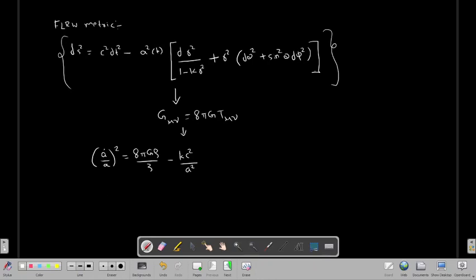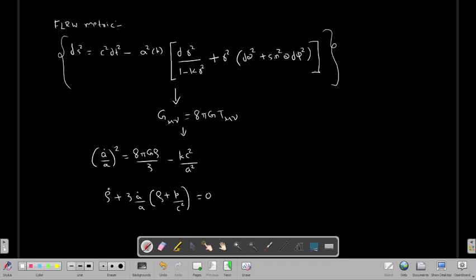The other equation will be rho dot plus 3 into a dot by a into rho plus p by c squared is equal to 0.